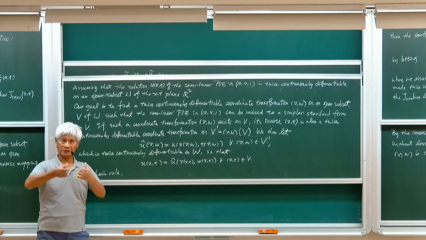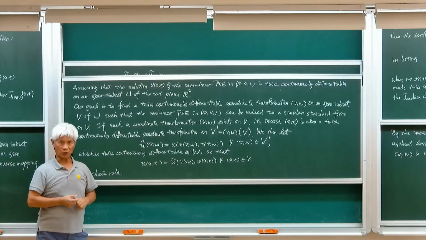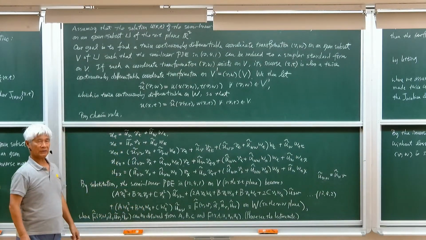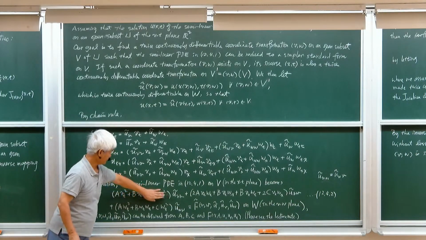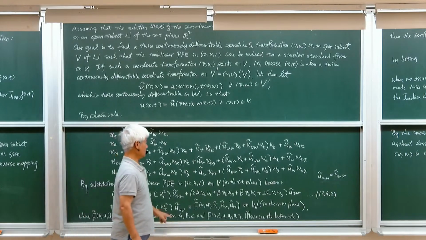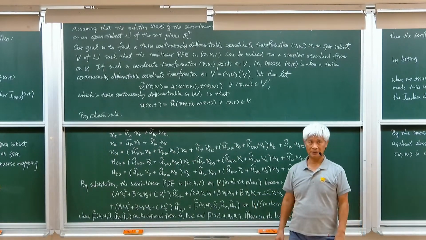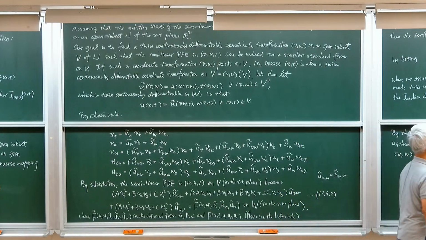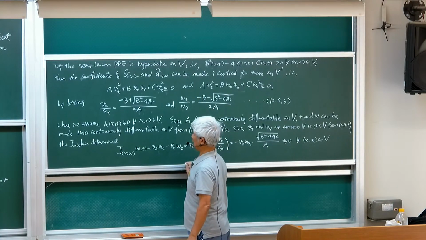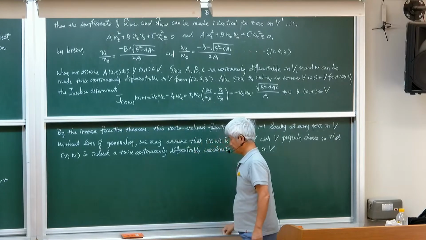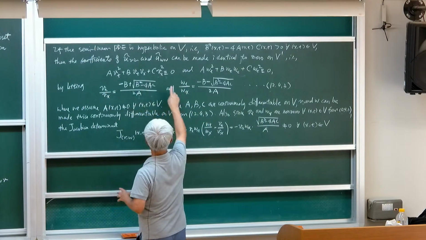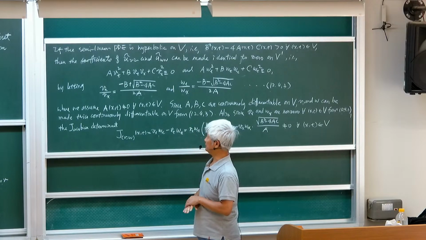And from the necessary conditions, we justify that, yes, there exists a coordinate transformation such that we can simplify the original semilinear PDE by letting these two coefficients be 0, if the original semilinear PDE is hyperbolic in an open subset of U. And from this we find the relationship between the coordinate transformation V and W here.